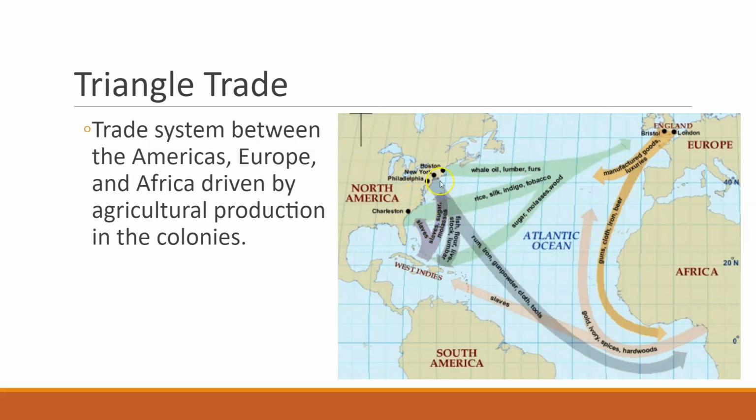And once they arrived in the 13 English colonies, they were used to grow more raw materials. And the process started all over again. So once slaves grew more raw materials, then these raw materials were sent to England and turned into finished goods. The finished goods were used to trade for slaves in Africa. The slaves were brought to North America to grow more raw materials, and the process just kept going.